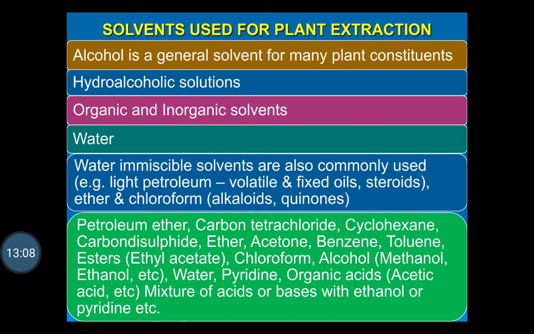But in this case, again you have to take the precaution that the phytoconstituents which are present should be thermostable in nature, and the duration of extraction, for how much time you are going to extract.